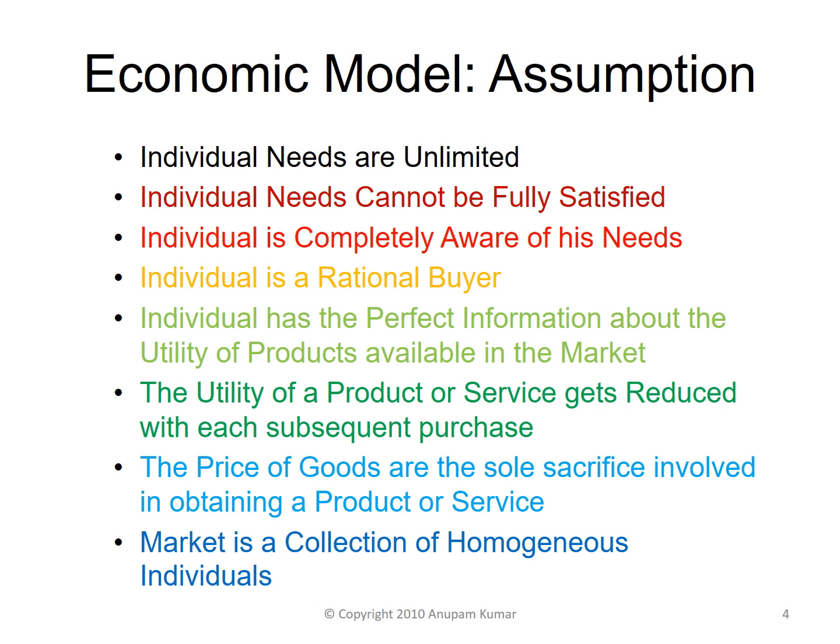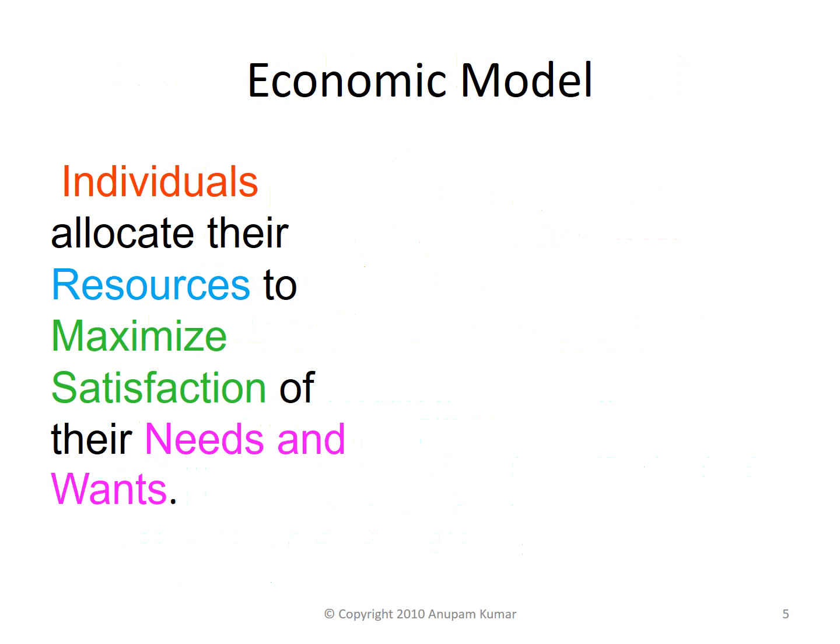Now, based on these assumptions, let us have a look at the economic model. The economic model states that individuals allocate their resources to maximize satisfaction of their needs and wants.